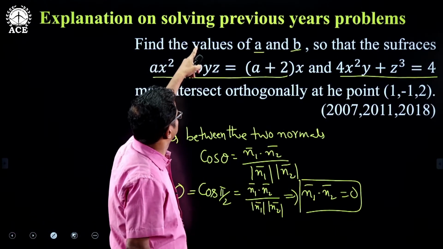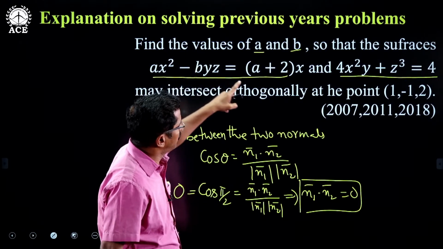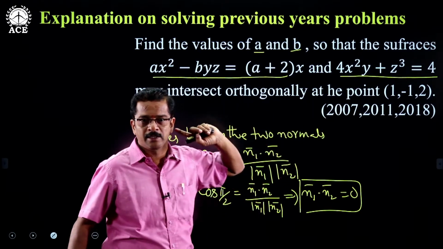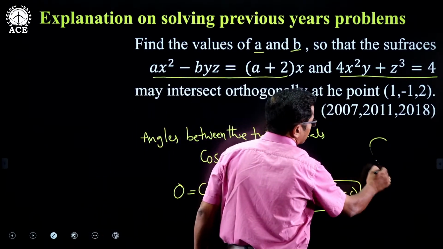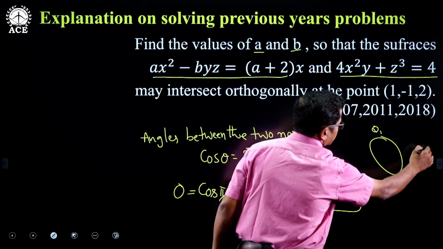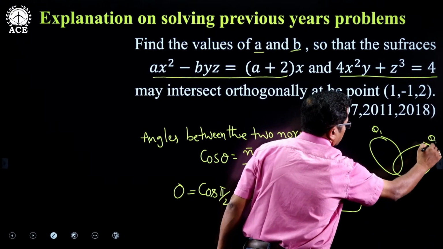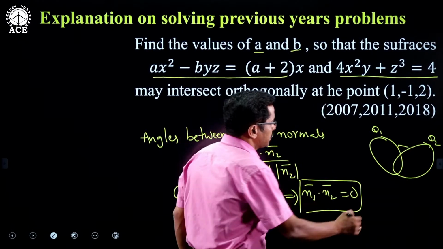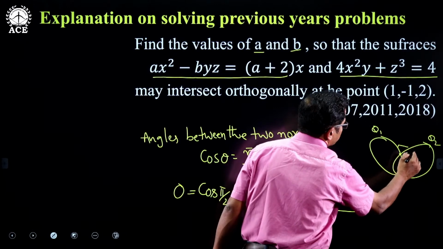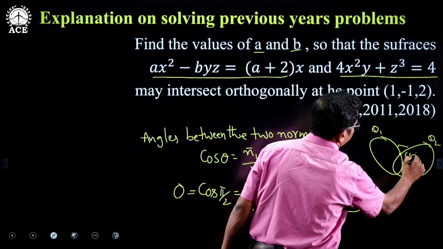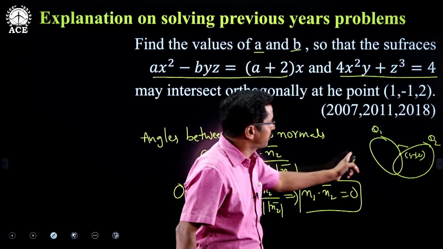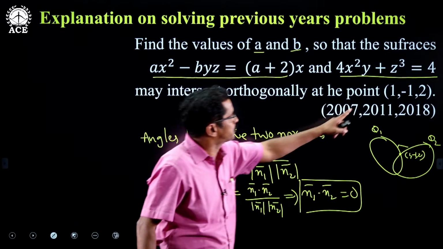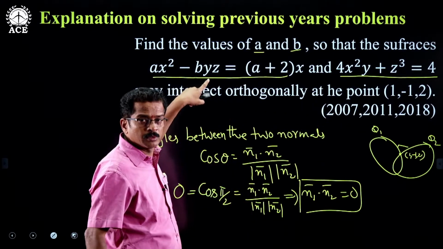See, these two surfaces, this is surface 1, phi 1, and this is surface 2, are intersecting at the point orthogonally. It means these surfaces are passing through the point 1, minus 1, 2, which means this point satisfies this equation, no?